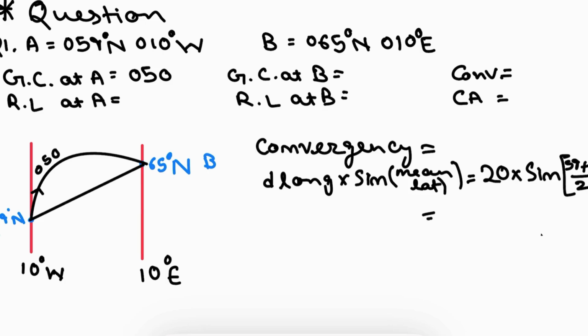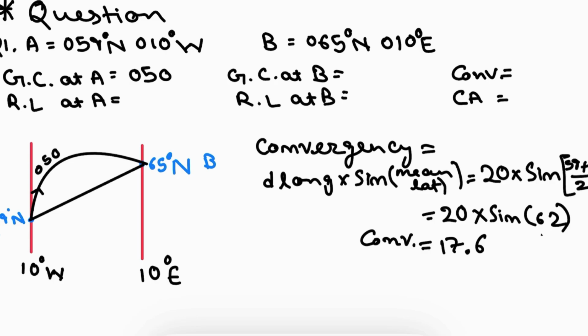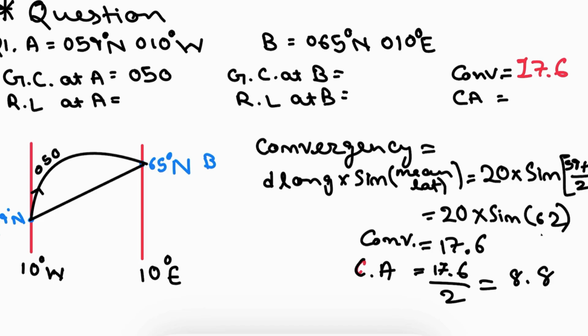So this is going to be 20 into sine of 62. So the answer is going to be 17.6. So we have the convergency 17.6. Let's write it here, 17.6. Now the conversion angle is going to be 17.6 by 2, right? So it is 8.8. So the conversion angle is 8.8. So we have the convergency and the conversion angle.